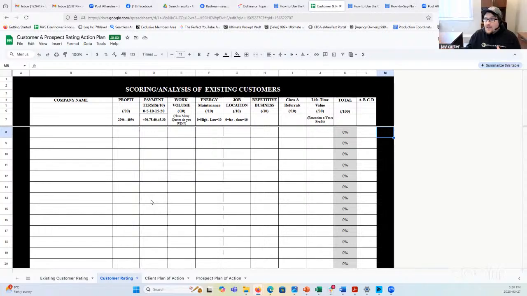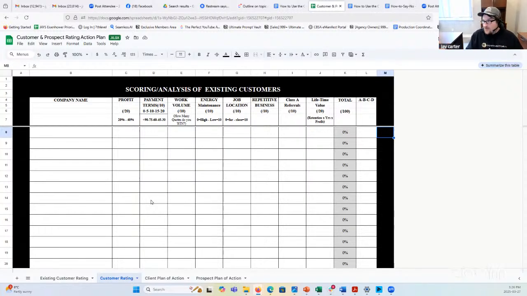So don't think for one second that you shouldn't be doing this. We're in business. We're not in politics. It's not a democracy. This is real business stuff. Not knowing who your class A customers are is basically like walking around in the dark and hoping not to hit walls. In my humble opinion.